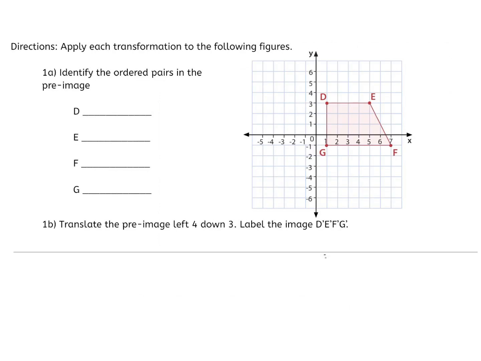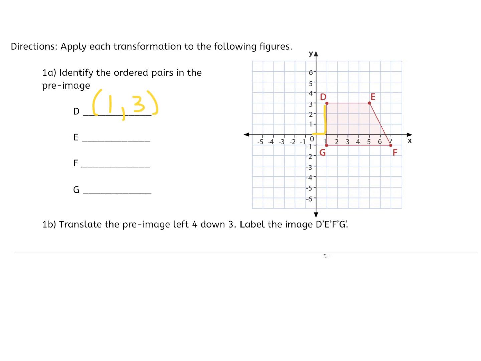Okay, on to the back side. We're going to apply the transformation to the following figures. So first, let's identify the ordered pairs of the pre-image. Beginning with D, remember to find the ordered pair, you give the x value first and then the y value. So D is forward 1 and up 3.